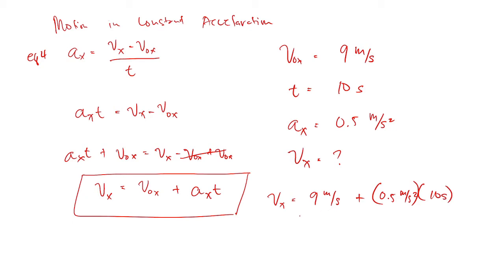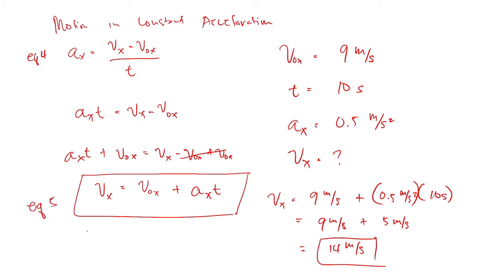As you can see here, you will have 9 meters per second plus this is 5 meters per second. Then you just need to add those two. Then you will have 14 meters per second. So that will be your final velocity without even knowing the initial and final position. So in here, class, we have here our equation 5.